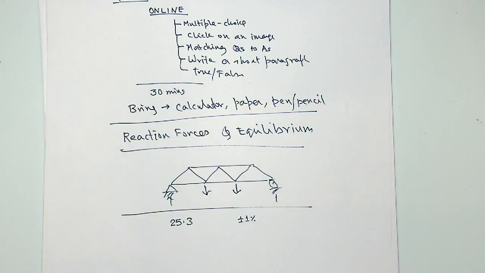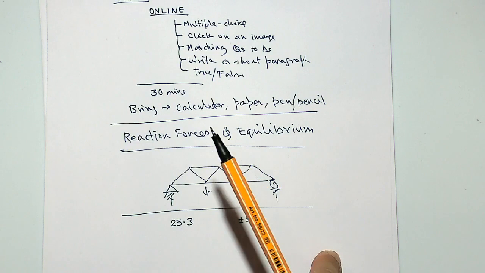The timer starts from the point you click the begin button of the test. So if you need to read the instructions first, take your time, but when you click the begin button, the test will start and you will have only 30 minutes from then on.